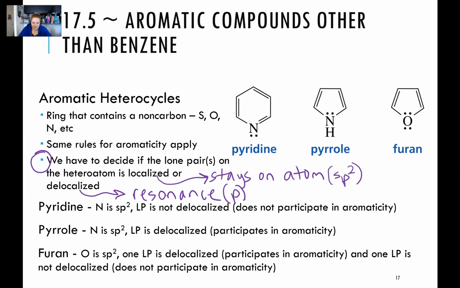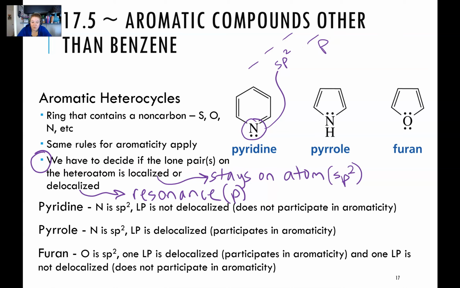In pyridine, our nitrogen is sp2 hybridized. So if we think about sp2 hybridized, that means there are 3 sp2 orbitals and then one unhybridized p orbital.